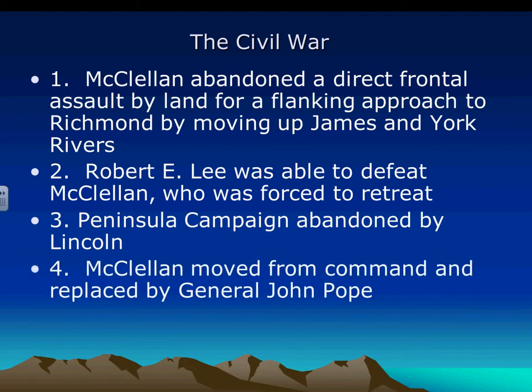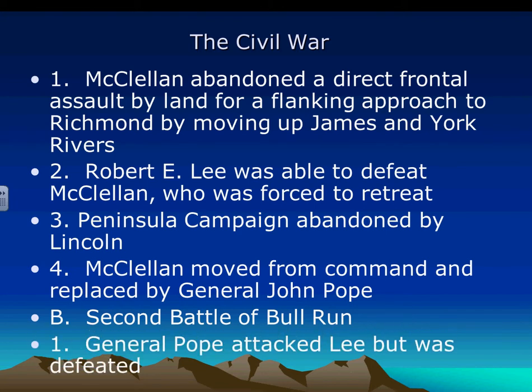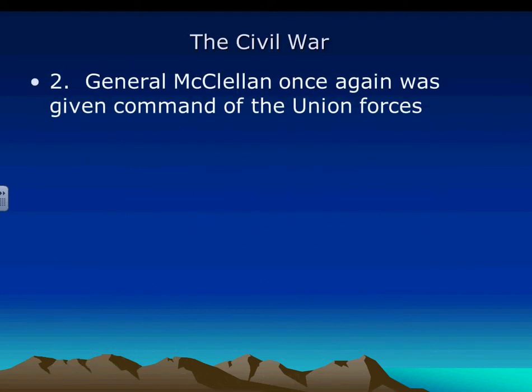At that point, McClellan was removed from command, and there'll be a series of generals brought in by the Union, and they're all going to be very ineffective. The Second Battle of Bull Run, again, General Pope attacked Lee but was defeated. So defeat after defeat after defeat for the Union troops.